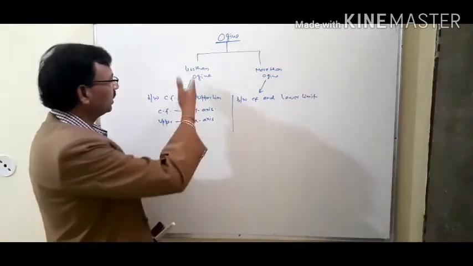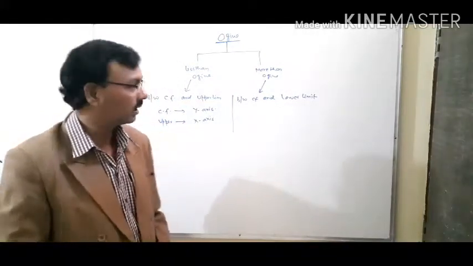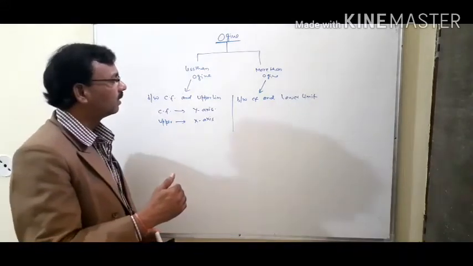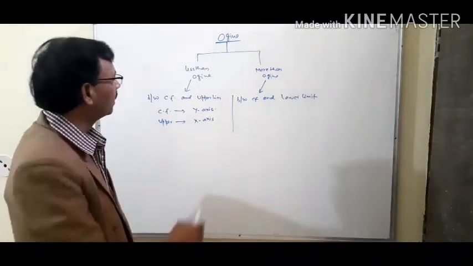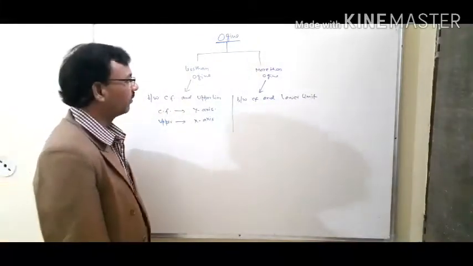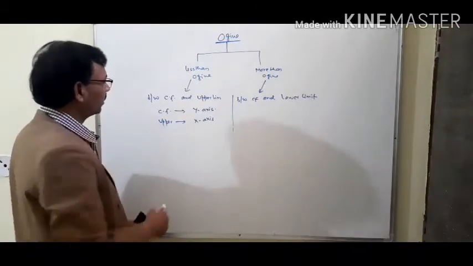To draw this ogive, first we find the cumulative frequency of the given data, and that data is converted into the less than cumulative frequency and more than cumulative frequency. Then we draw the graph with the help of this.